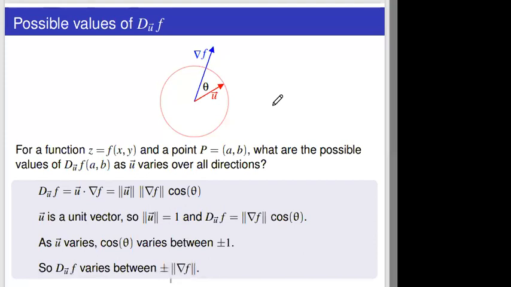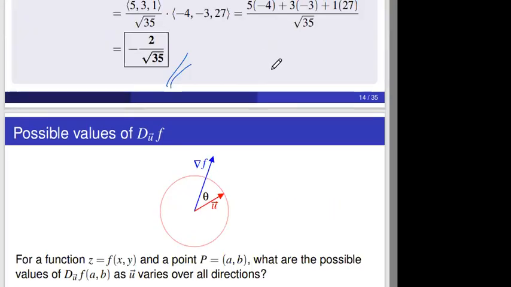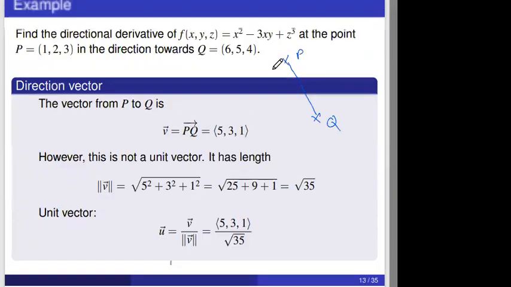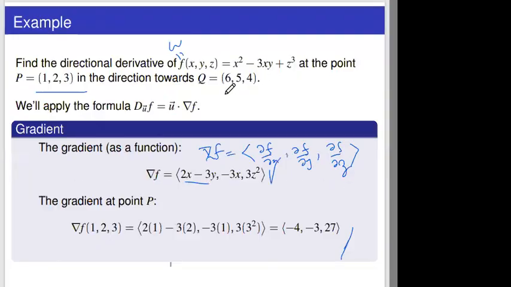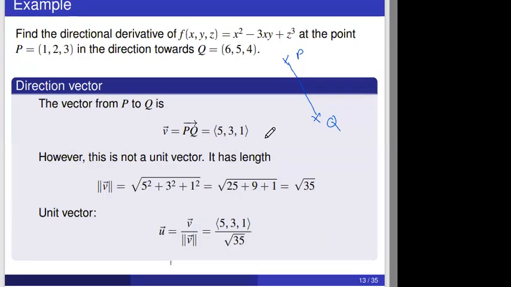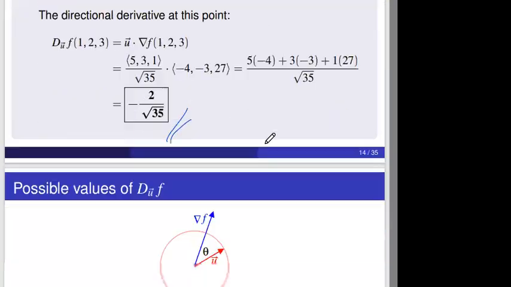Let's find the possible values of this directional derivative. What is the maximum of this slope in the direction of u, and the minimum? Can we find the maximum and minimum? Yes, we can.